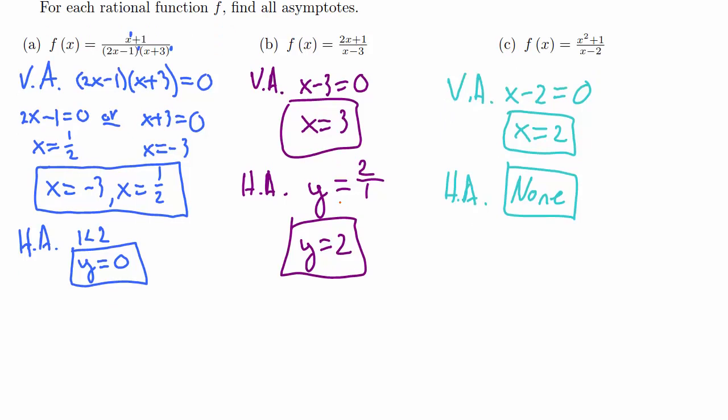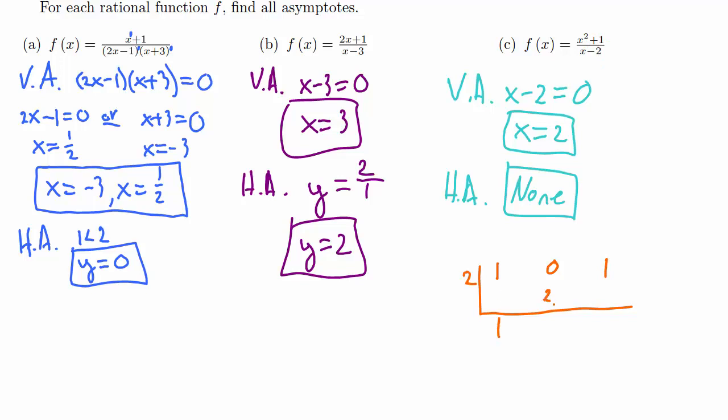Okay. I'm going to synthetically divide here. And we have an x minus 2 in the denominator. That makes a 2 to synthetically divide here. So that's 1, 0, 1. Now notice that I have a 0 here because I'm missing a degree.